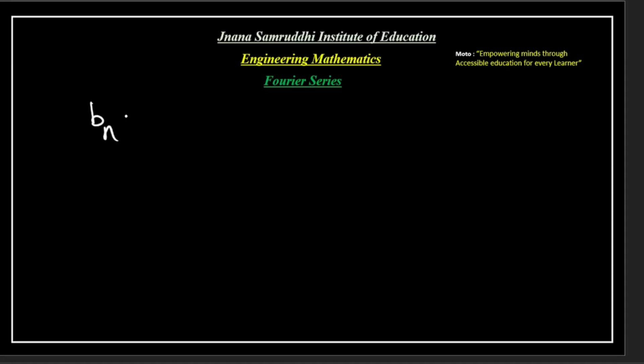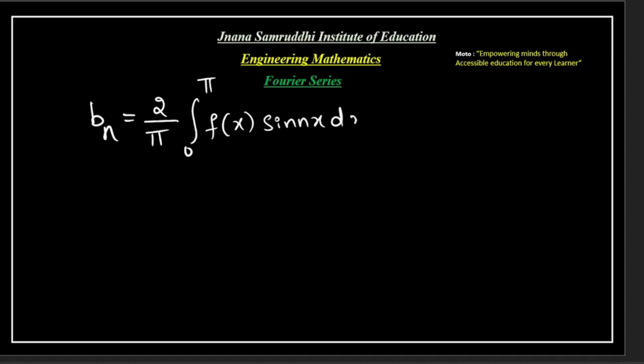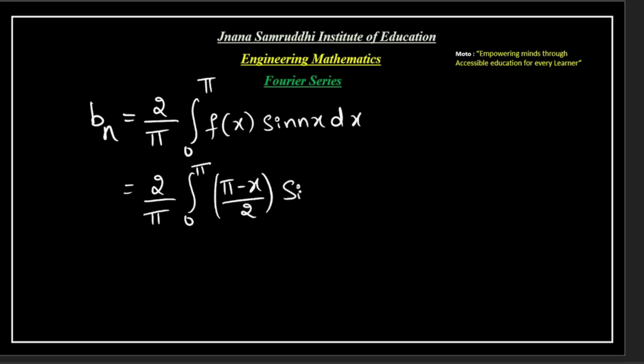The bn formula will be 2 by pi, integral 0 to pi, f of x sin nx dx, that is equal to 2 by pi integral 0 to pi of pi minus x by 2 times sin nx dx.